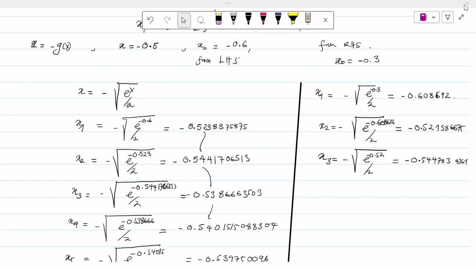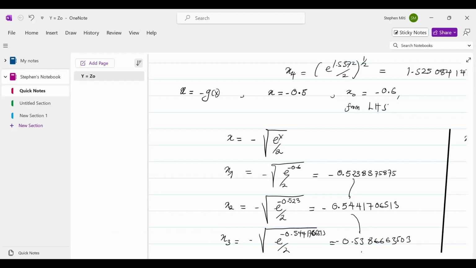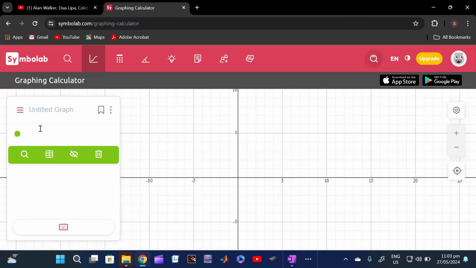Let me see if it's possible. Let me check. I've never seen how this function looks. Maybe I'll be able to understand why it's behaving like that. Let's see if this is the case.